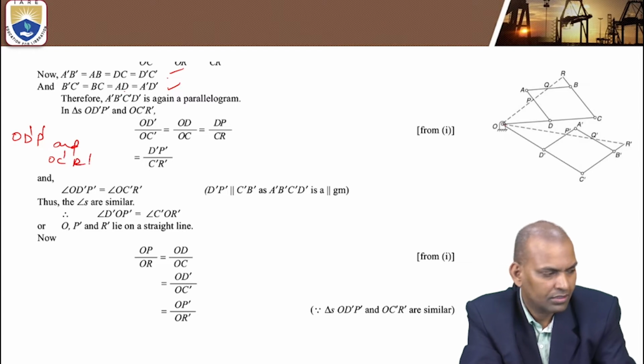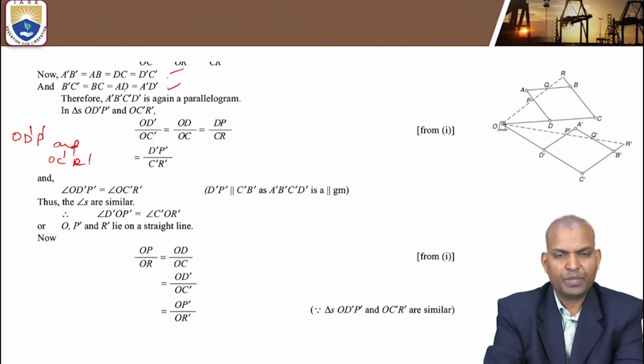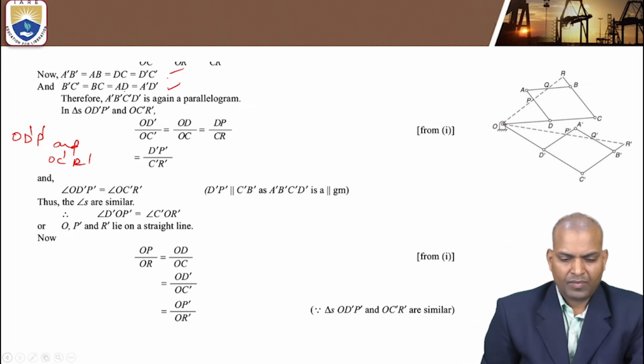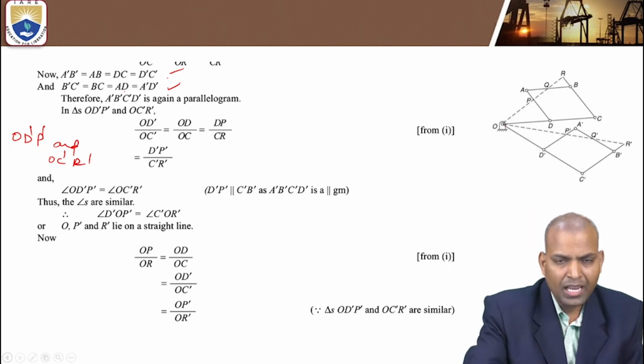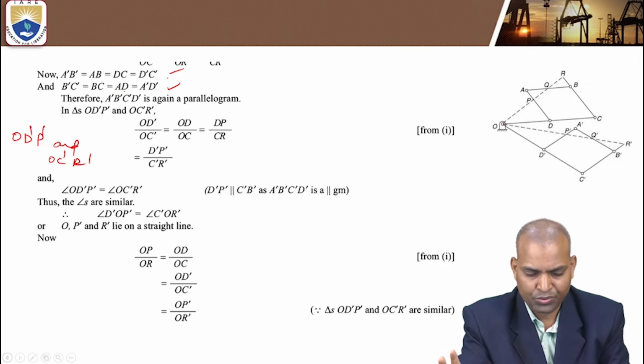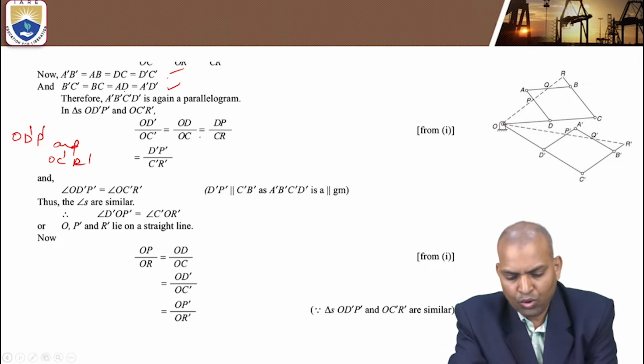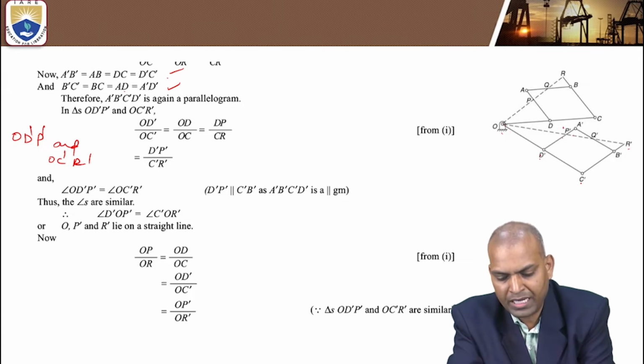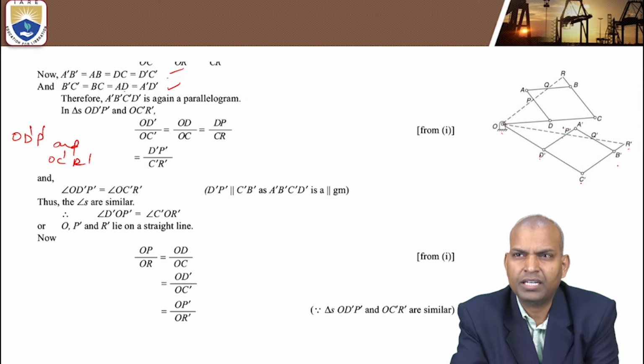Among OD dash P dash and OC dash R dash, what will happen? Same, apply the concept of the ratios. The ratios are OD dash by OC dash equal to OP dash by OR dash equal to D dash P dash by C dash R dash.